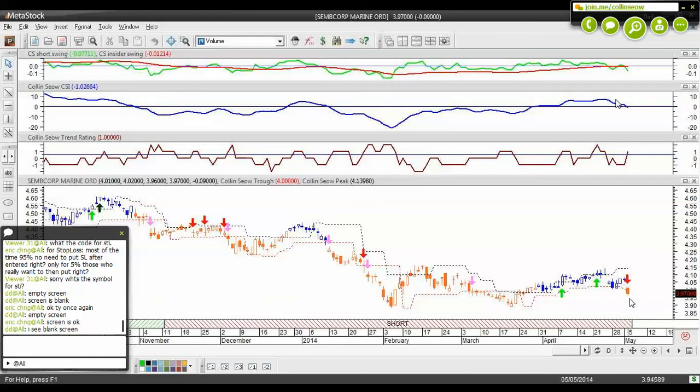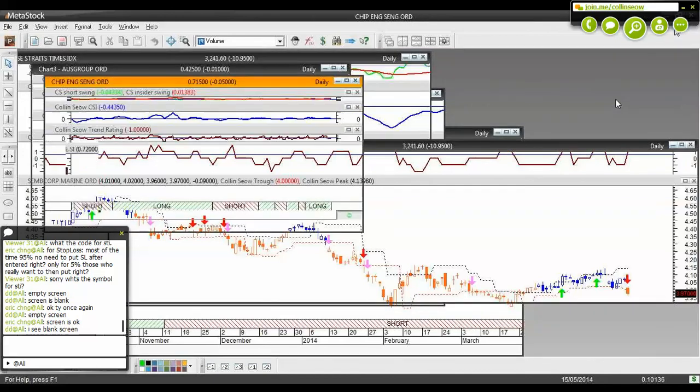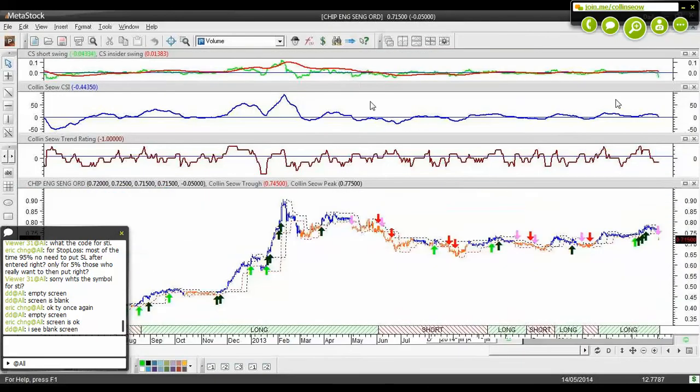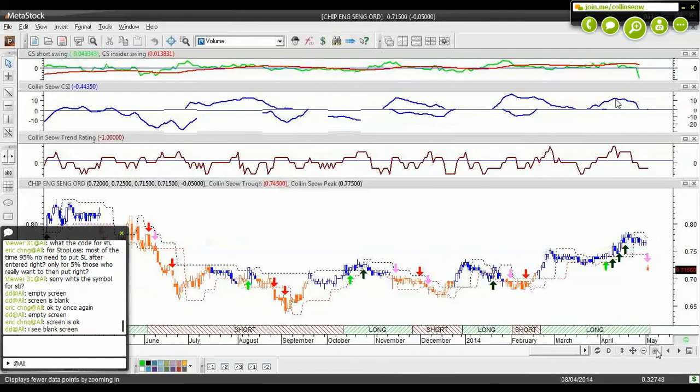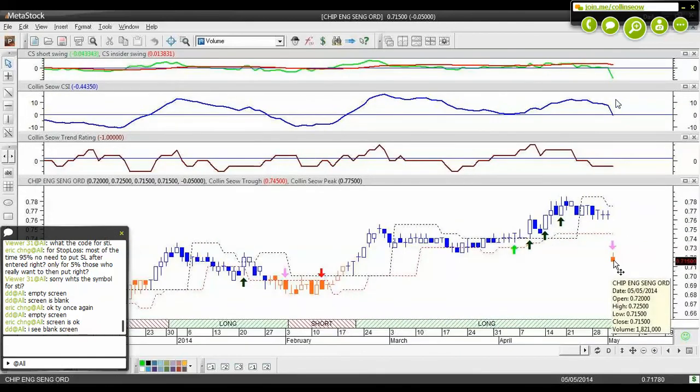Okay, put it down, Sembawang Marine for short. Okay, today don't know what happened. Stock is down. Okay, and so these are the stocks that are weaker. Okay, you can look to go short.